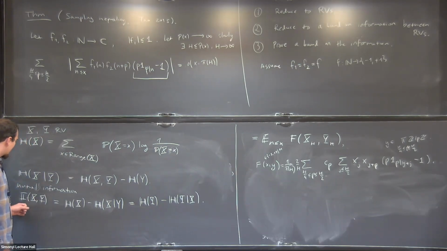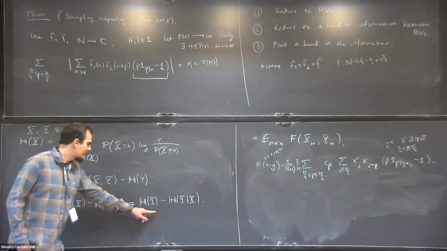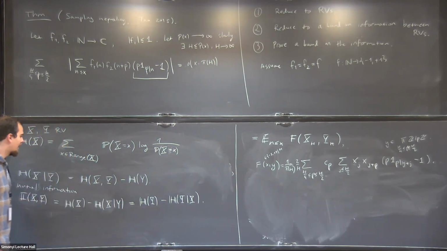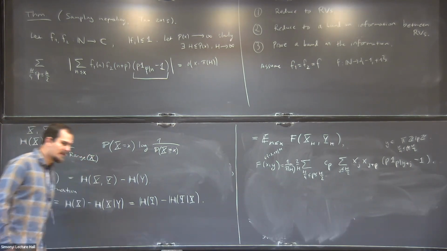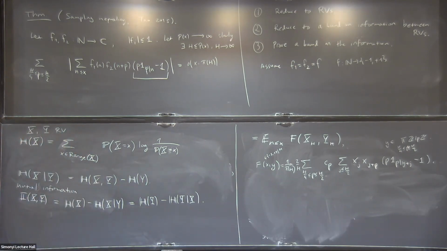So this is a quantity that's 0 if X and Y are independent. On the other hand, the biggest that this quantity can be is the minimum of the entropy of X and the entropy of Y, because entropy turns out to be always positive. That case would happen exactly when one of X and Y is a deterministic function of the other one.